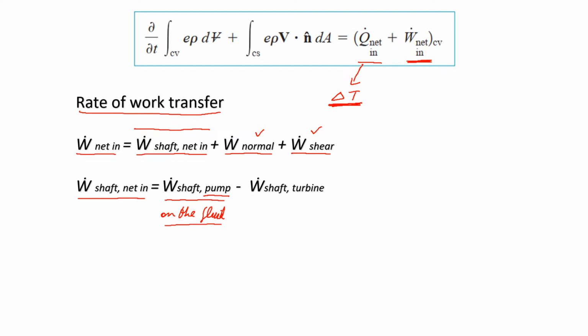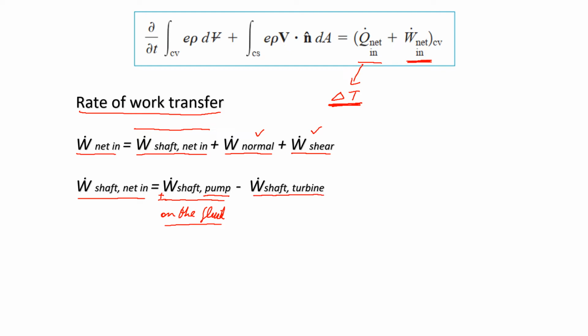So in that case, energy is added to the fluid. So that's why we have put a plus sign here. You might not see it, but here is a positive sign, because the energy is added to the fluid in this case. And the other can be the work transfer from the fluid to the shaft.